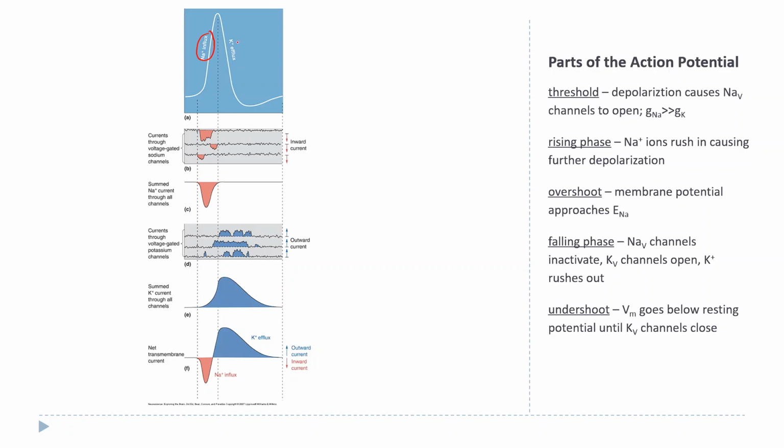And so after the sodium current has stopped, the potassium efflux, the potassium leaving the cell, is what really dominates. So the two together kind of shows you the current curve. So again, during the rising phase, you have inward sodium current, and then during the falling phase, you have outward potassium current. And so that's just what's happening during those phases.